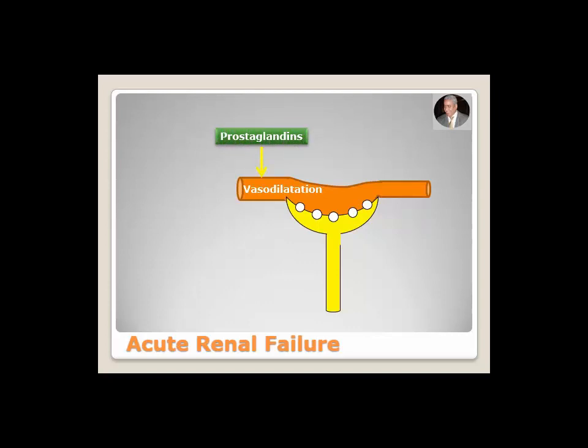Prostacyclin dilates the afferent arteriole to increase the blood supply to the nephron. While angiotensin II constricts the efferent arteriole to limit the escape of the blood from the nephron. This forces the fluid to pass through the glomerular pores to the capsular lumen.